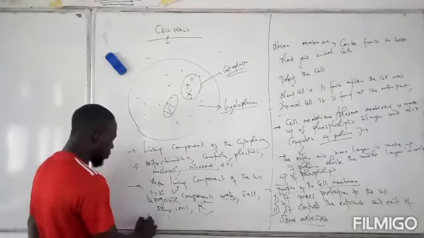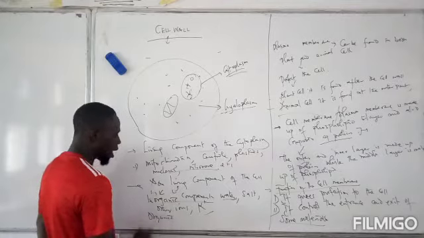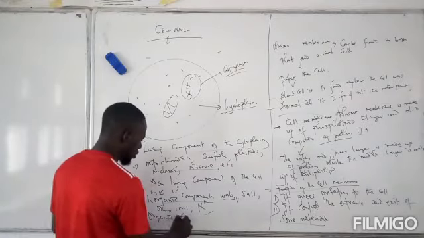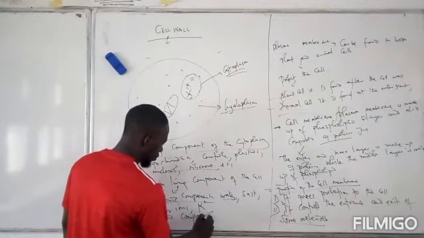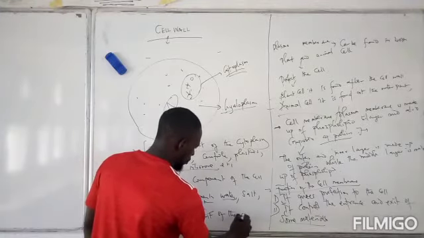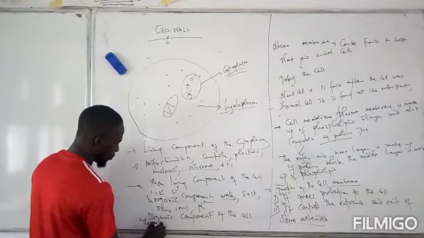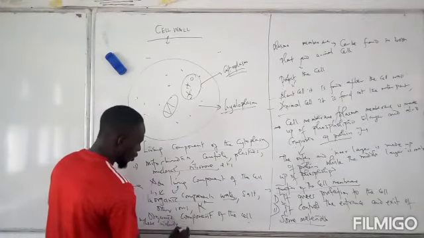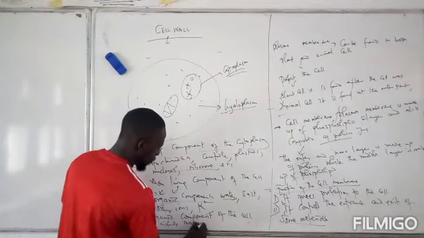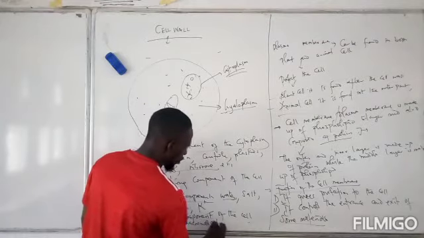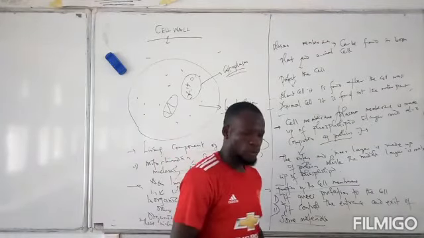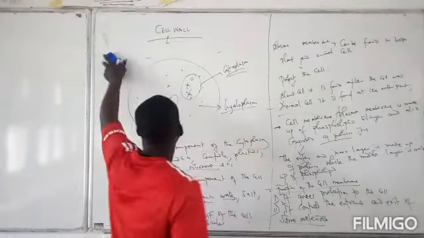Now the organic components of the cell that are found here are your macromolecules. So who can give me examples of macromolecules? Feel free to pause the video. What are macromolecules?